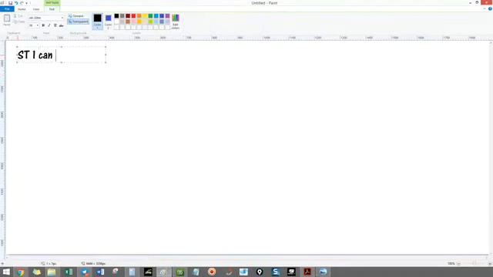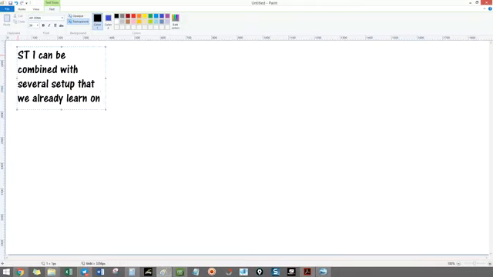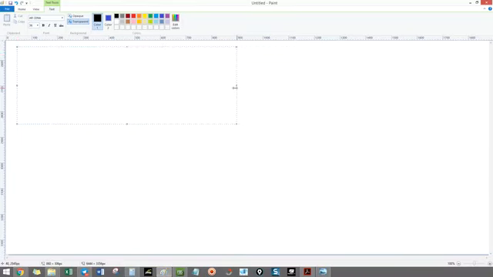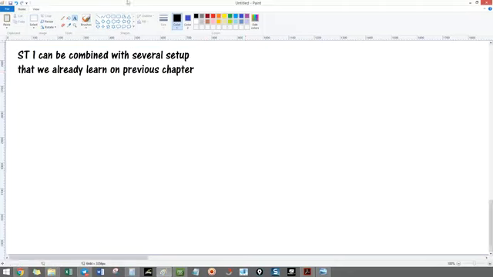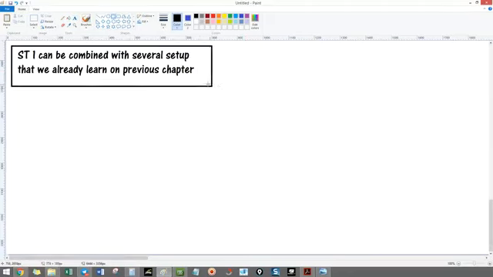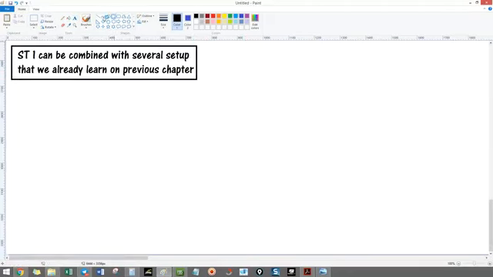ST1 can be combined with several setups that we already learned in the previous chapter. You can use it on QM.